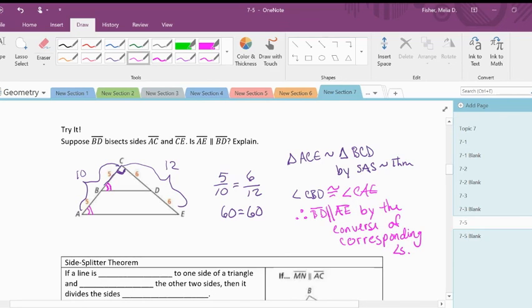So remember that we have a rule that says if the lines are parallel, then the corresponding angles are congruent, and the converse of that says if the corresponding angles are congruent, then the lines are parallel.